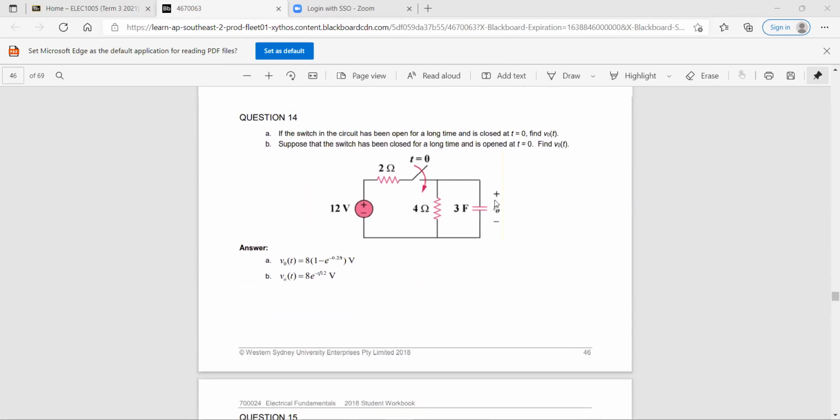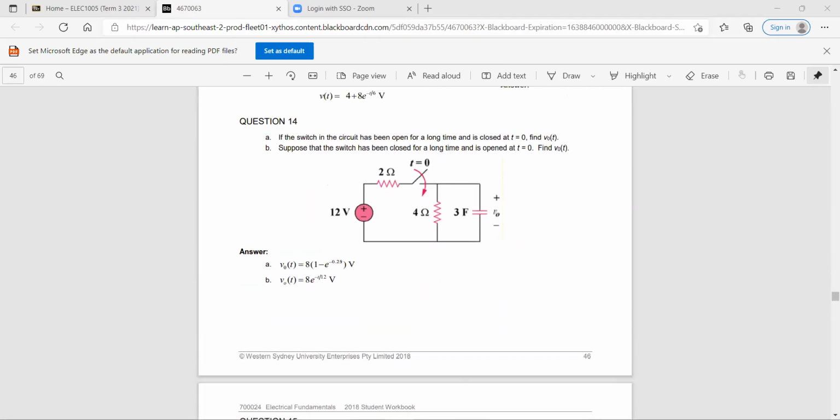Okay, do the 14. I'll give you a few minutes. Just do part A, then we'll discuss part B. If the switch in the circuit has been open for a long time and is closed when the time is equal to 0, you need to find... have you written down the equations, guys? I'll write it here anyway.